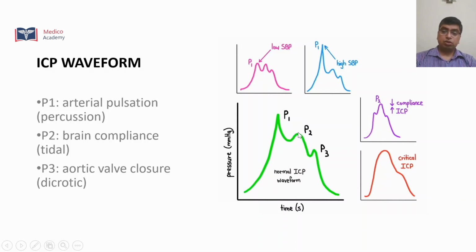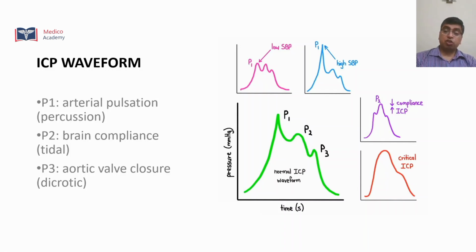P2 comes because of brain compliance, and P3 comes because of aortic valve closure or the dicrotic notch. If the P2 wave is bigger than the P1 wave, then we say that there is increased intracranial pressure, and brain tissue compliance is reduced.